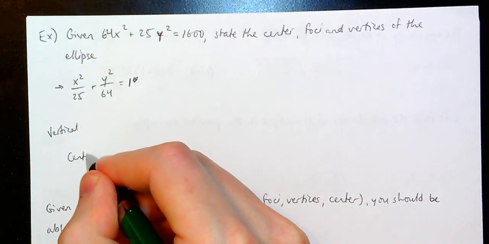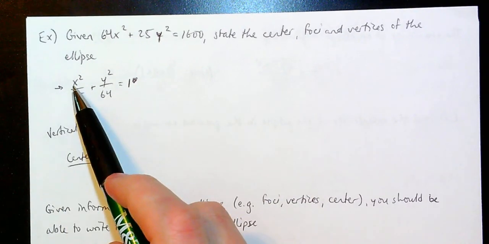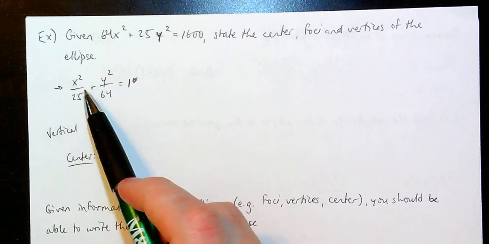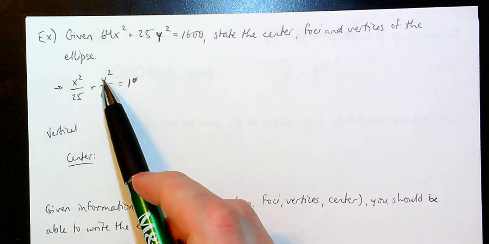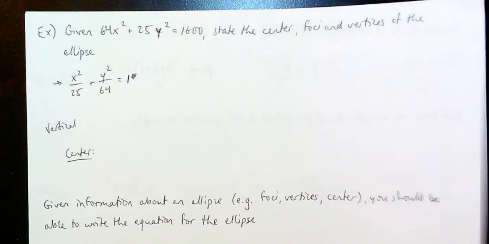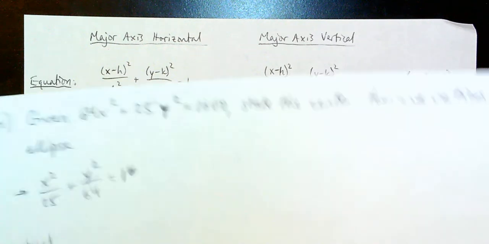Easiest thing to first find is our center. Looking at the tops of these fractions, we see that we just have x squared and we just have y squared. Comparing that to the general form of x minus something squared plus y minus something else squared, what are my h and my k values going to be?